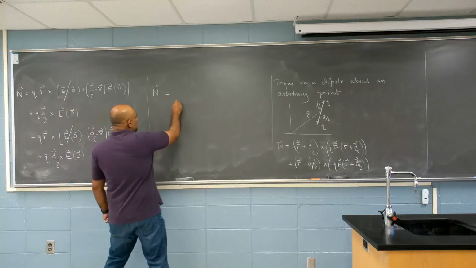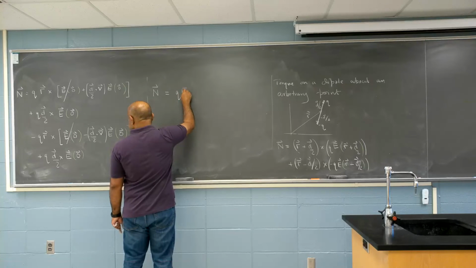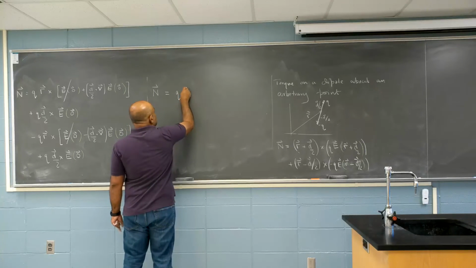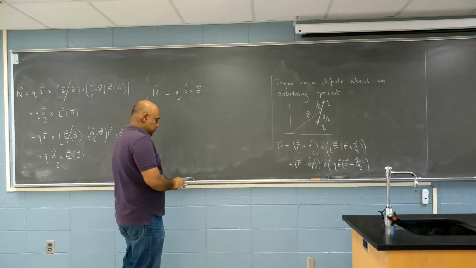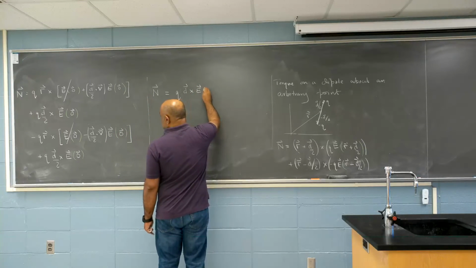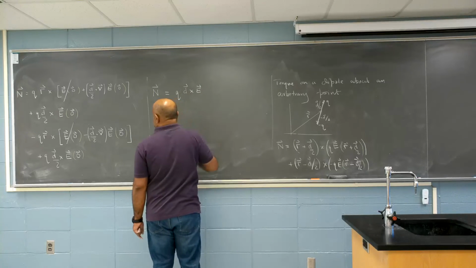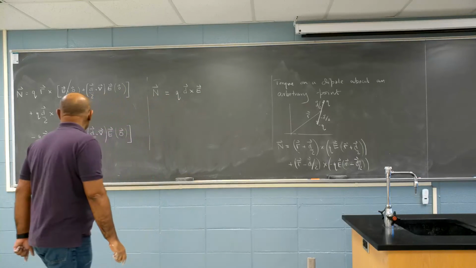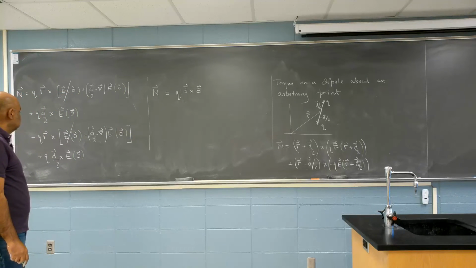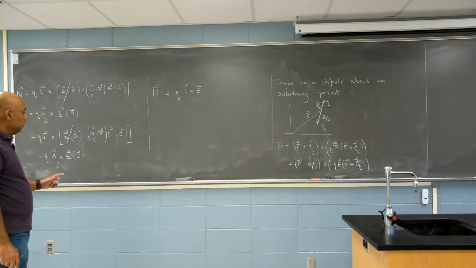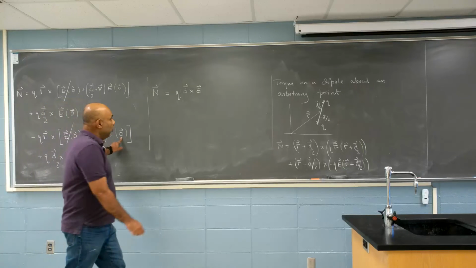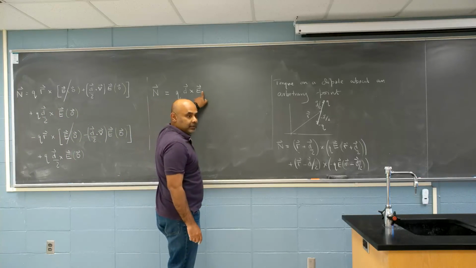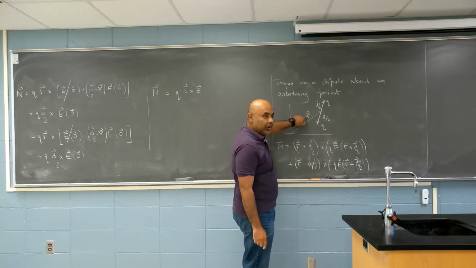So I get QD cross E, about where? About the center of the dipole. This is where D is 0, or where the dipole is located. Actually, it's at the vector R.